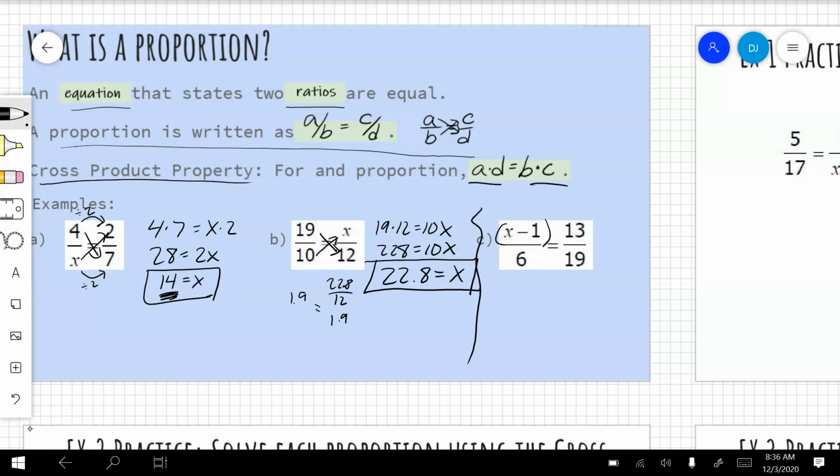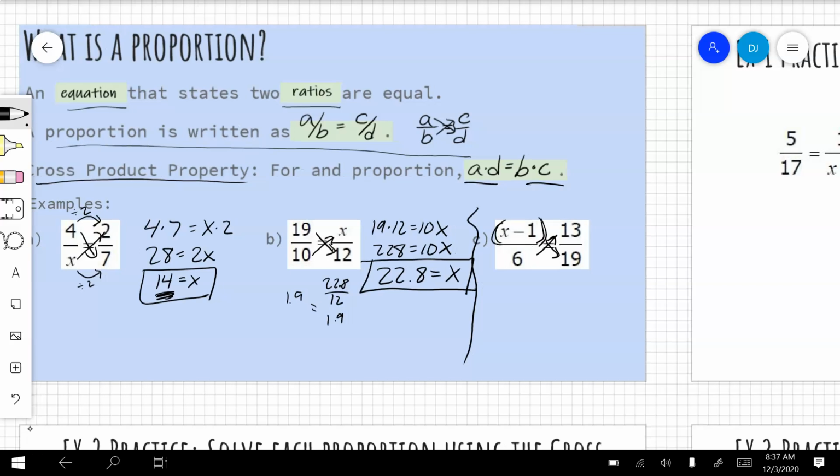All right, let's take a look at C. C is a little different. We have two terms. I want you to always group them in parentheses so that we keep them together, because when we multiply by 19, it's not just by the first term. We're multiplying both of them. So this is going to be 19 times (x minus 1) equals 6 times 13.